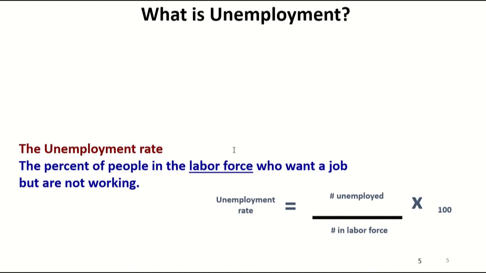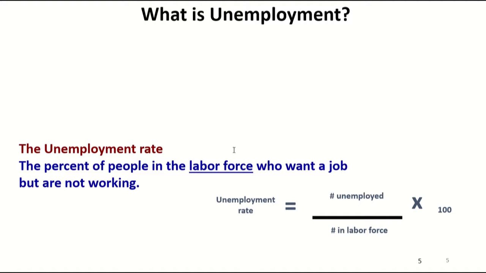Even if you're a 30-year-old woman who is able to work, if you're not willing to work because, let's say, you want to stay home and raise your family, or you're a man and you want to stay home and raise your family, you're not considered unemployed because you are not in the labor force. And you're not in the labor force because you're not willing to work.